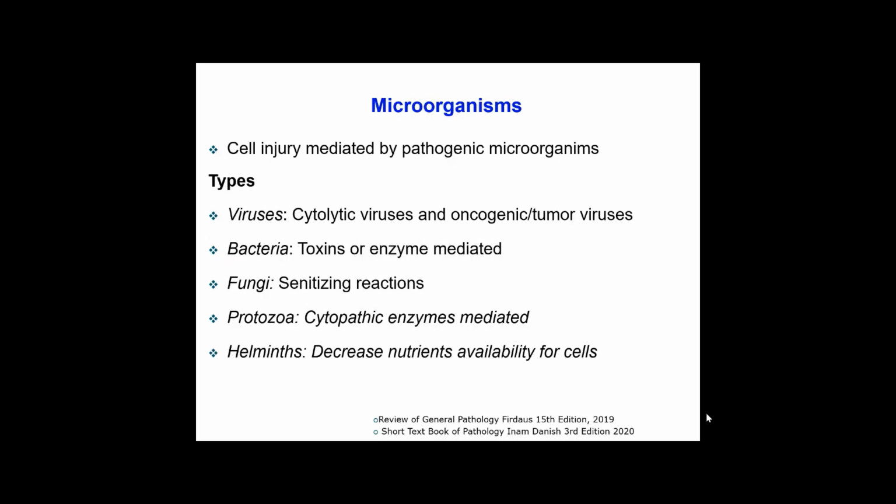Cell injury can also be mediated by different pathogens like viruses, bacteria, fungi, protozoa, and helminths. Viruses cause cell injury by their cytolytic activity or their tumor producing capabilities. Bacteria produce different types of toxins and enzymes which cause cell injury.